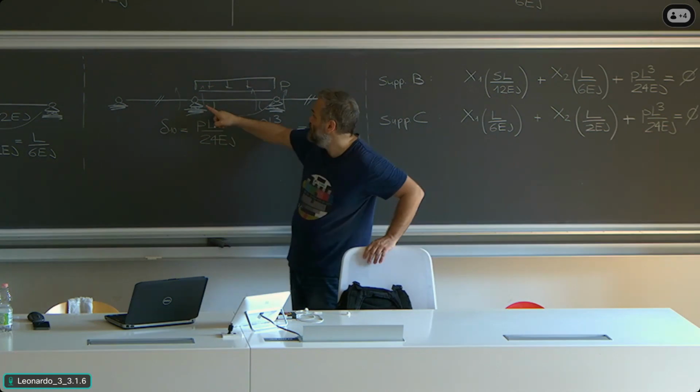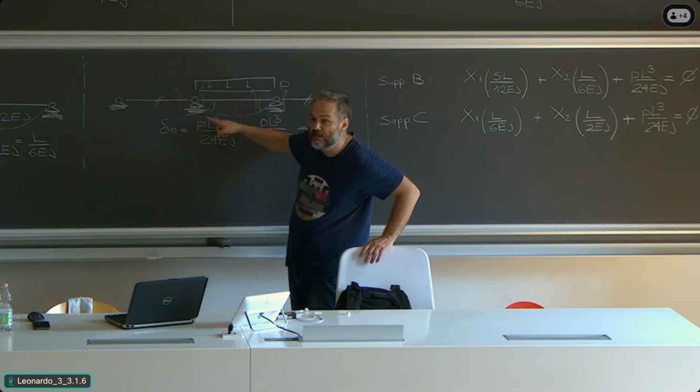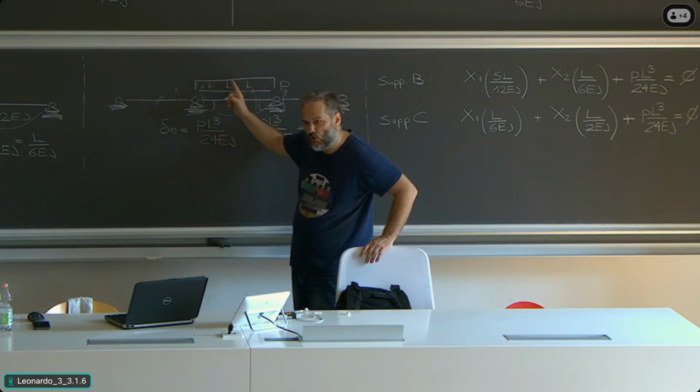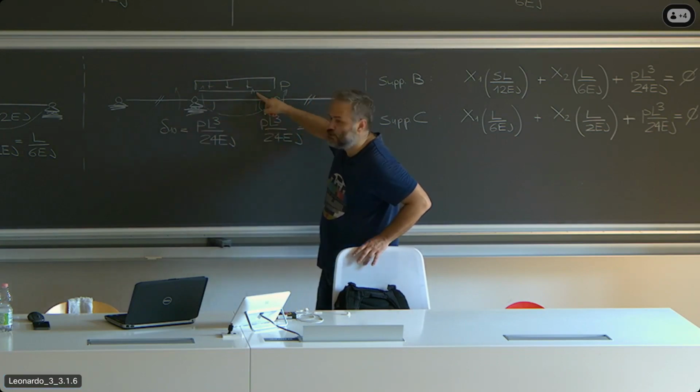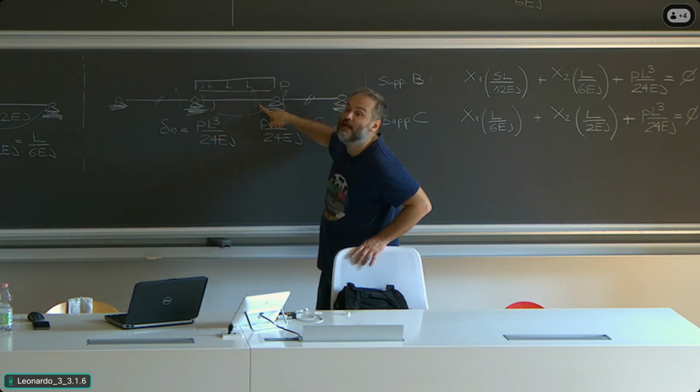For example, here, moment x1 is clockwise. This rotation is clockwise. It means it's positive. Here, x2 is counterclockwise. This rotation is counterclockwise. That is why this is positive also.